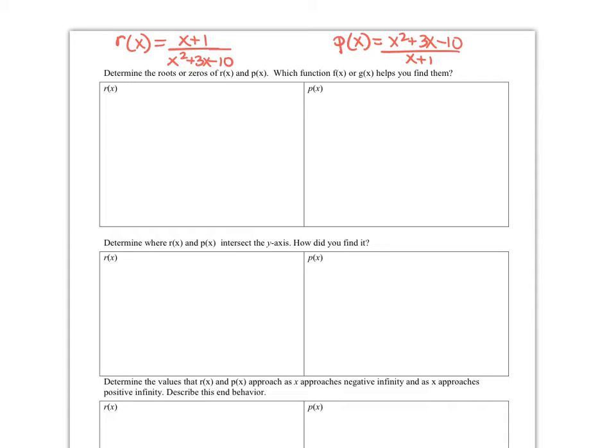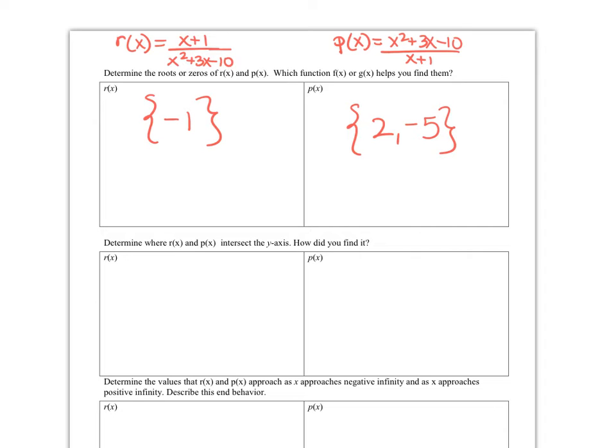By looking at the graph, it's asking where it crosses the x-axis. If you go back and look at your graph for r of x, you'll see that it's crossing at negative 1. And for p of x, it's crossing at 2 and negative 5.